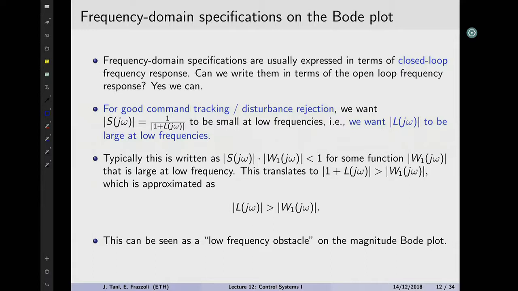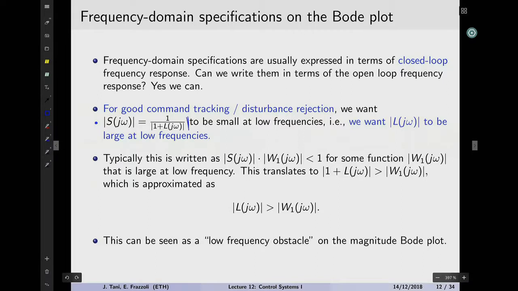So we said that for good command tracking and disturbance rejection, we want the sensitivity function to be low. Now, what does it mean for a sensitivity function to be low? Always remember that when you talk about complex numbers, there are always magnitudes and phases, right? So small in this case is the magnitude. So it means we want this term to be very small.